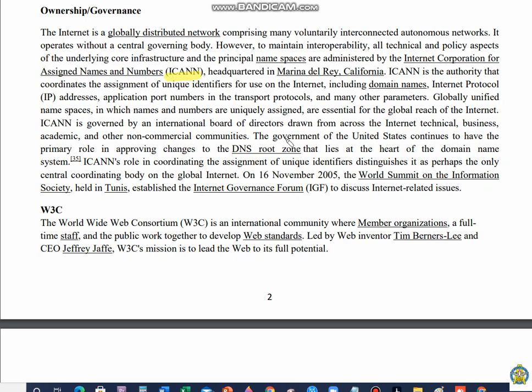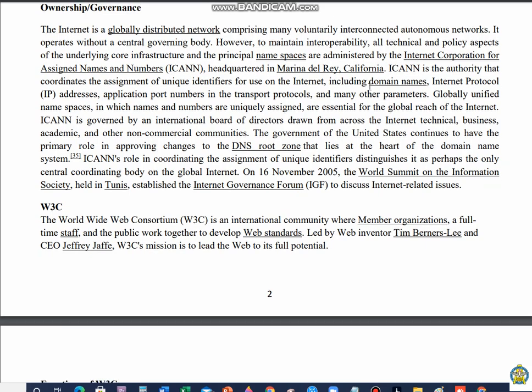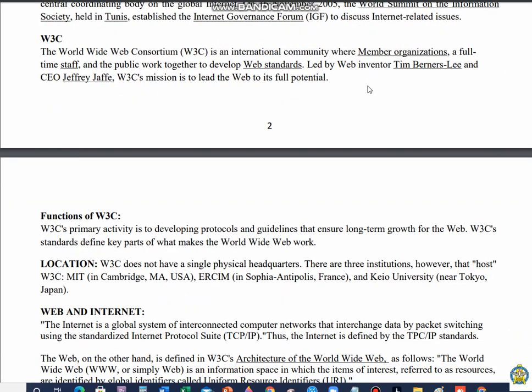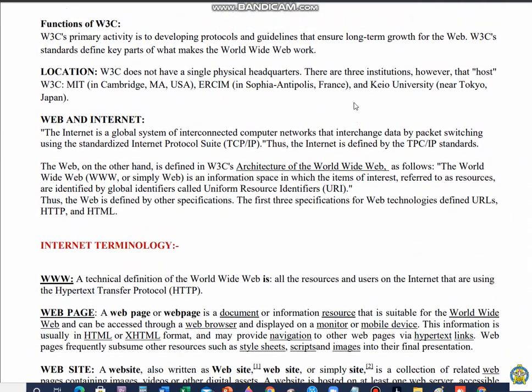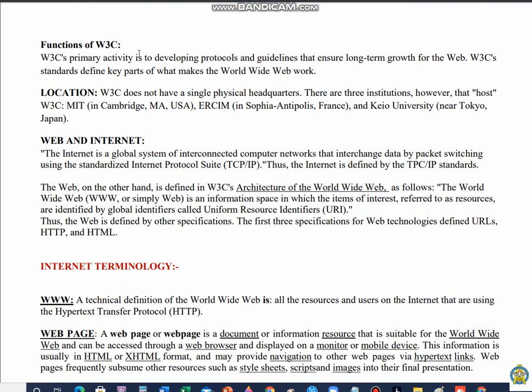This is the one that manages the DNS, and the standards are managed by another group called the World Wide Web Consortium, a group that keeps the standards, etc. Okay, so these are the two groups. They are like an organization that oversees, more than controls, the standards, protocols, and rules for the internet. The functions of W3C are given here. Then location, it's the United States.